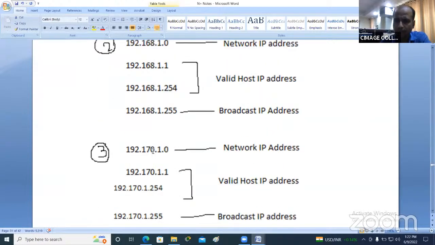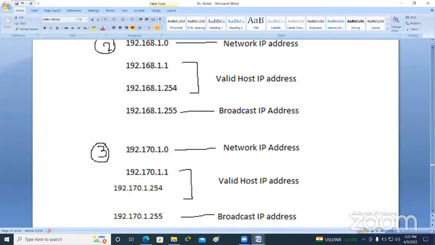And in the third example, 192 is the same if you compare it with the first and second examples. And 1 is also the same as I used in the second network. But I have made a change in the second group, 170. It means this is again a different network.